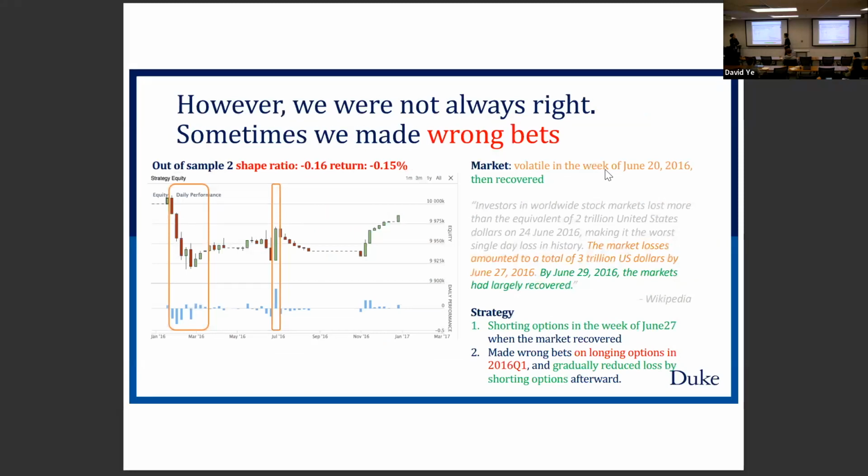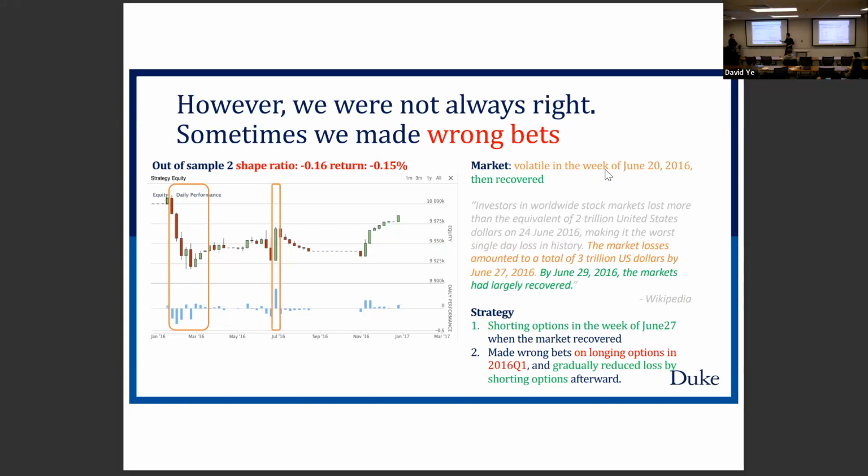In the out-of-sample two, the market is considered volatile, especially in the week of June 20. But it suddenly recovered in the next week. In this case, our strategy still did well because it maintained our short option position in the week of June 27, which was profitable.